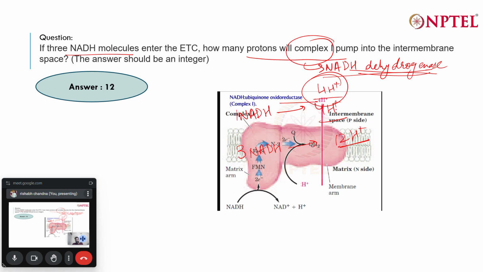It helps in the transport of 4 H plus from the matrix of the mitochondria to the intermembrane space. And here is NADH that is dehydrogenated. If this is from one NADH molecule, then from 3 NADH it would be 12 H plus, so 3 into 4 directly. So the correct answer would be 12.